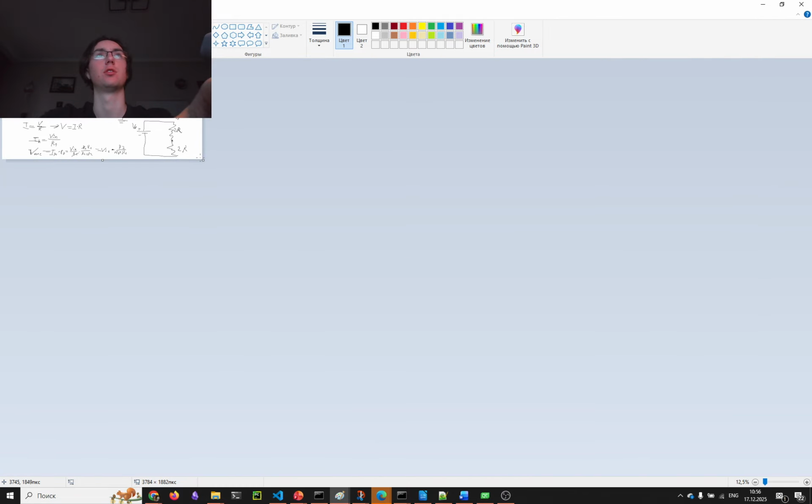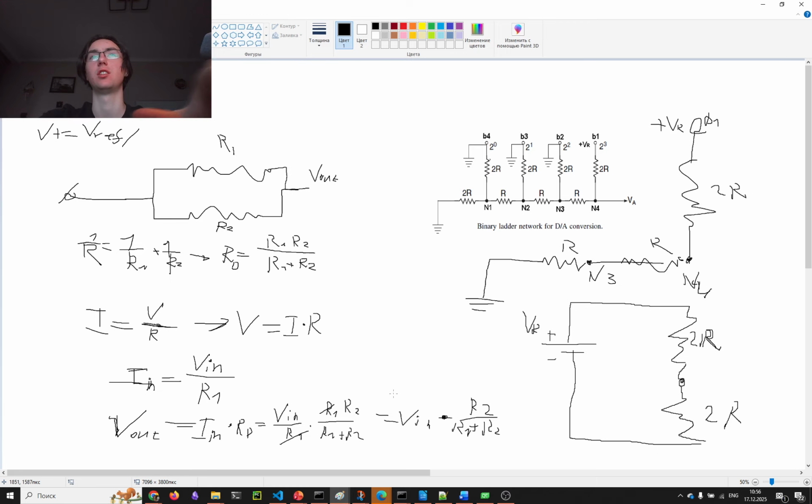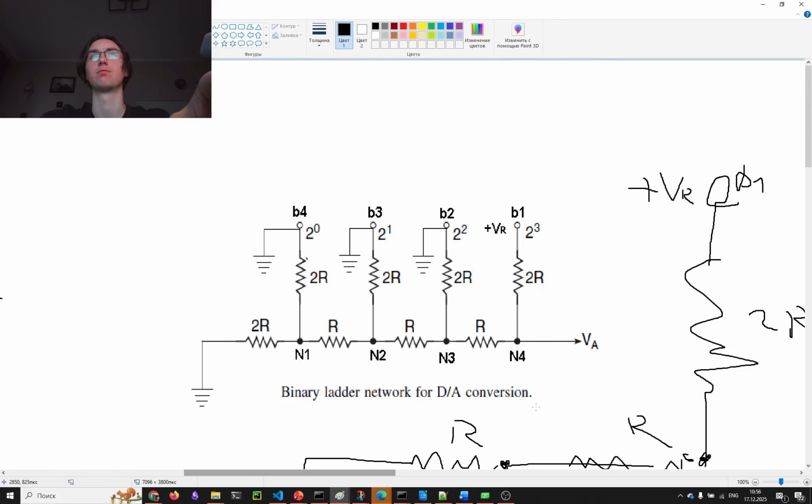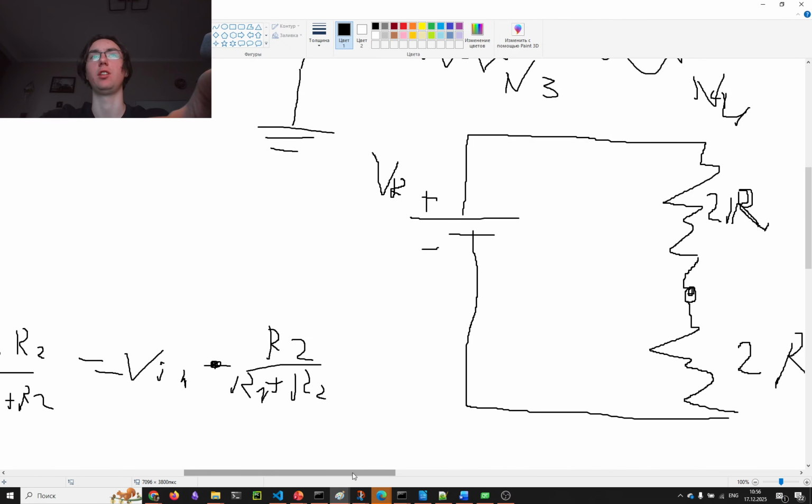I just adjust it a little bit to have more space. By the way, quite an interesting thing.